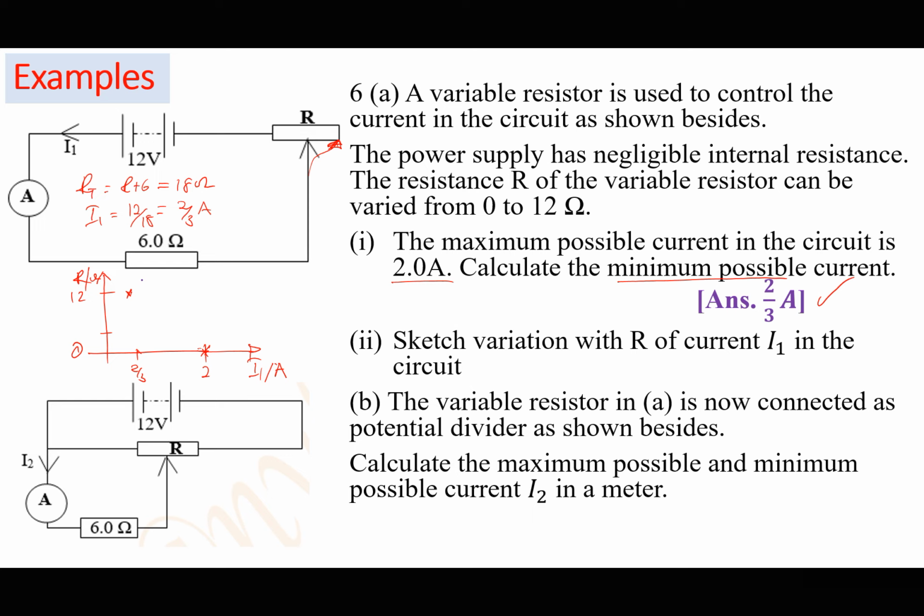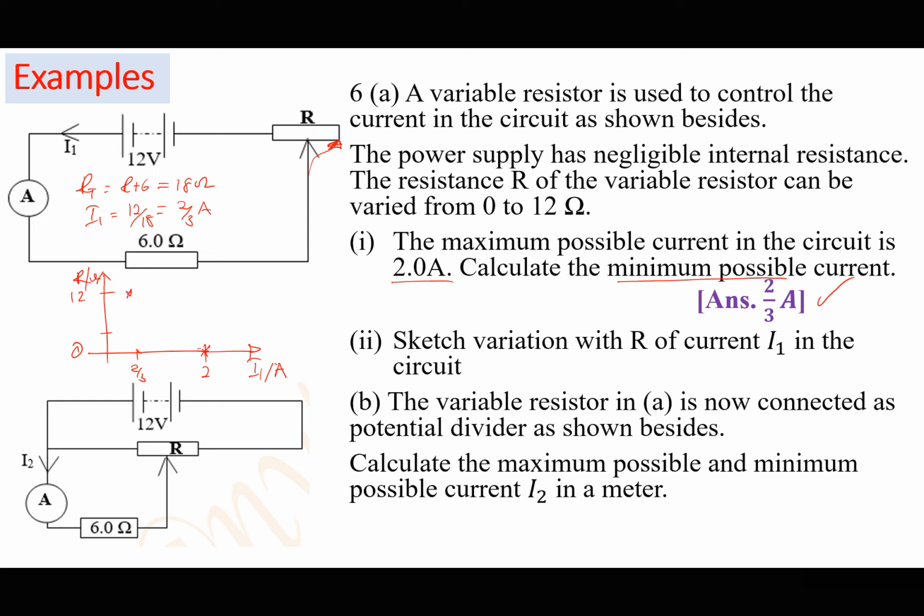This is going to be a straight line with a negative gradient, because when R is 0, the current is maximum, which is 2.